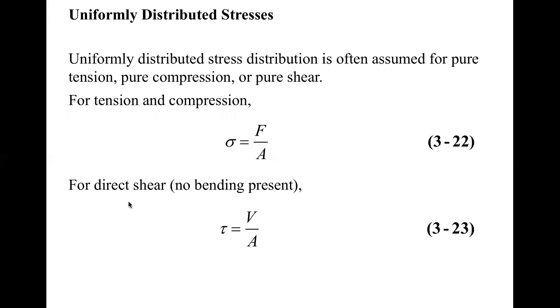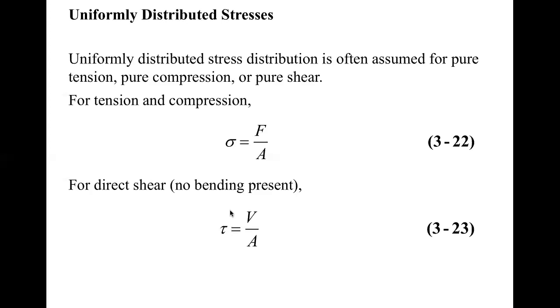So this is under tension or compression. Now, under direct shear. What does direct shear mean? It means I only have the shear force, V. There is no bending moment. I only have the shear. So shear stress tau equals V over A. Again, V is the shear force, and A is the contact area or cross-section area.